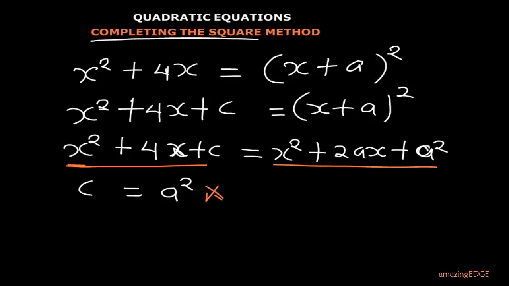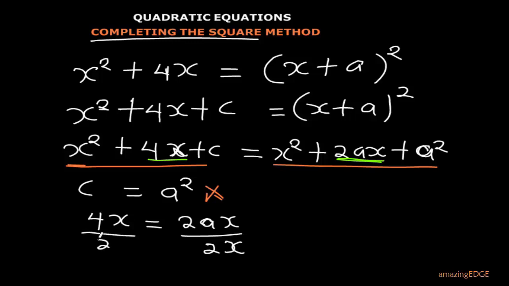So here now, I'm looking at the part that has a. So this is 2ax, and you agree with me that the middle terms are equal. Here 4x should be equal to 2ax, because two of them are equal. So from there I can get my a. I'm looking for a, so in order to do that, you divide by 2x, that is the coefficient of a.